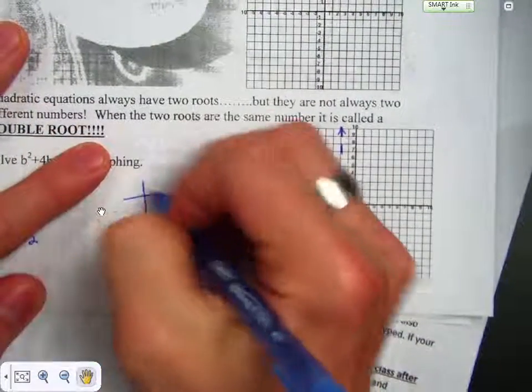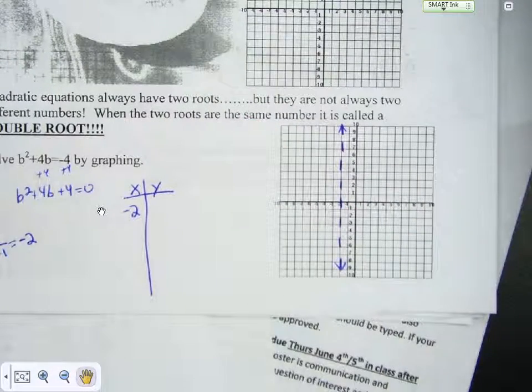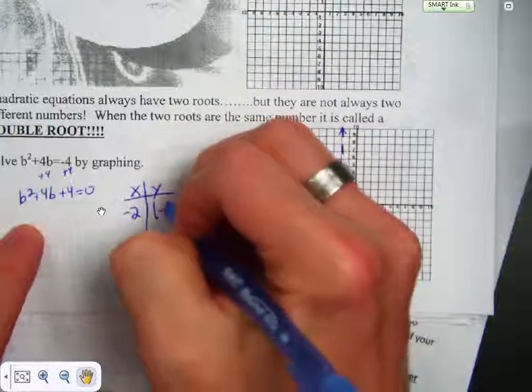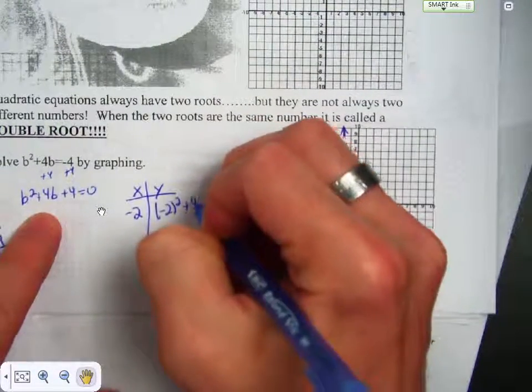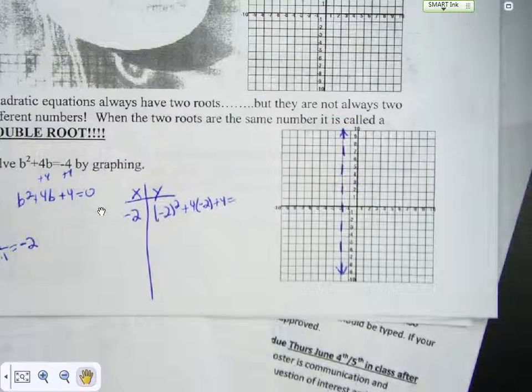So we go to x and y, and we plug in first -2 to see where the vertex is located. What happens when I plug in -2? Well, that's -2 in parentheses squared plus 4 times -2 plus 4. What do we get? This is an interesting one. You guys all have calculators.